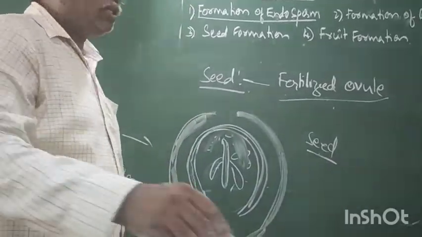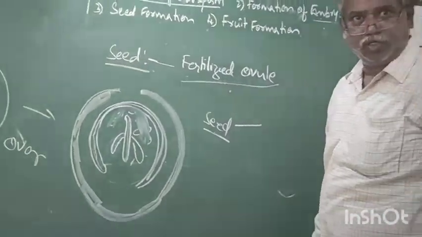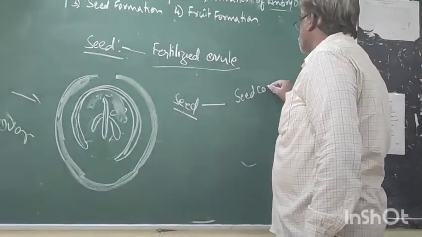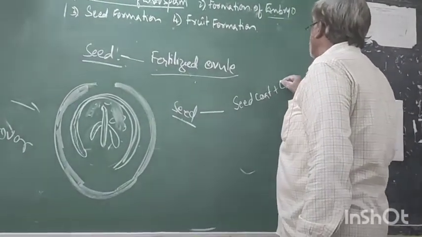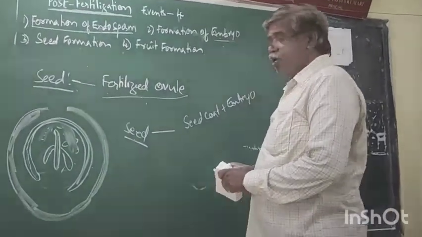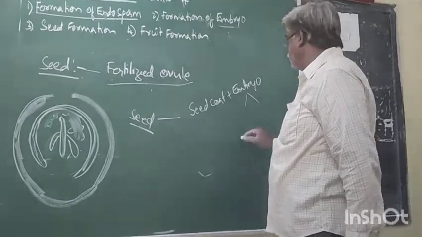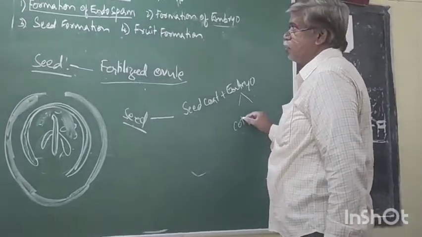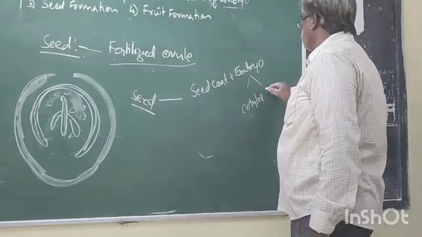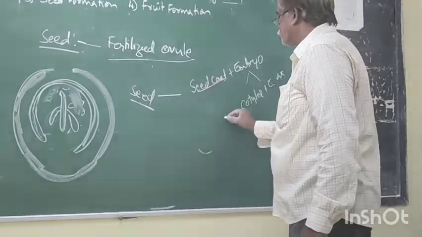The seed contains two major parts: seed coat and embryo. This embryo contains again two parts, cotyledons and embryonic axis.